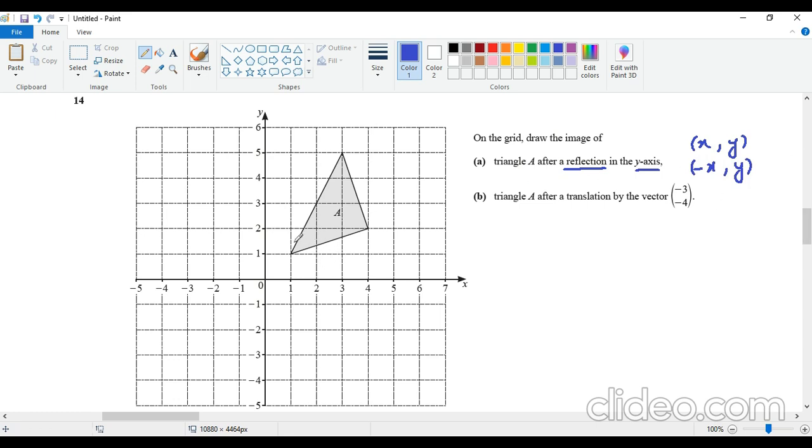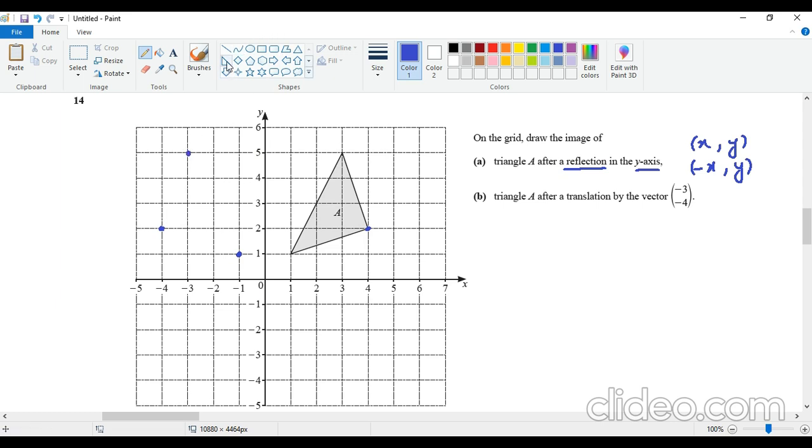Now in here it is 1, 1, so it's going to be negative 1 and positive 1. So this is going to be the point. Now this point is 4, 2. That means it's going to be negative 4 and 2. This is going to be the second point. Third point, which is 3, 5, that means it's going to be negative 3 and 5 over here.